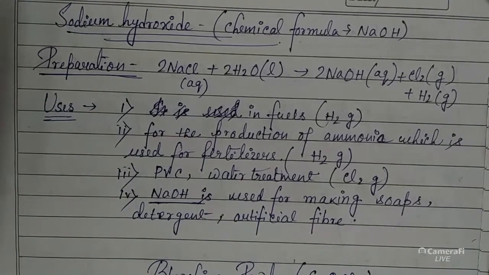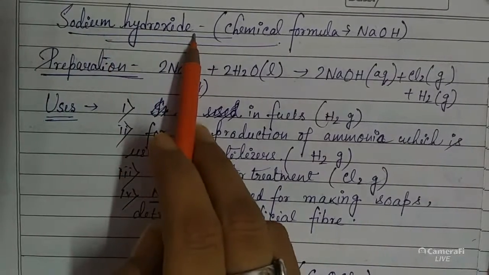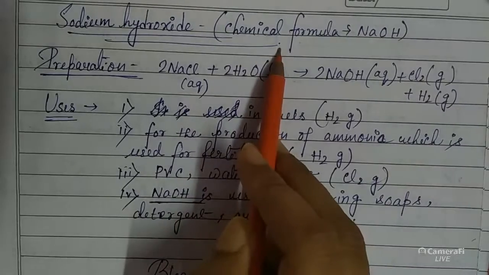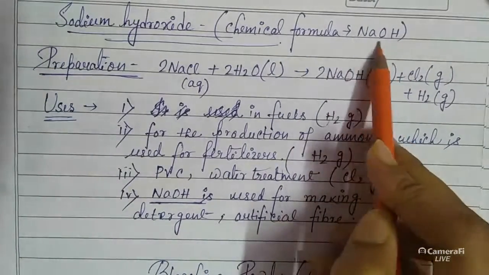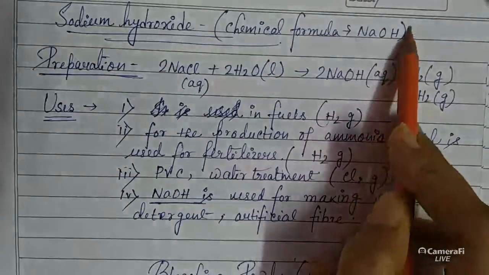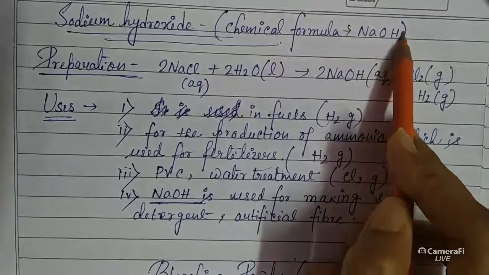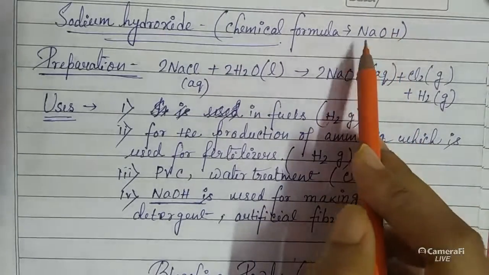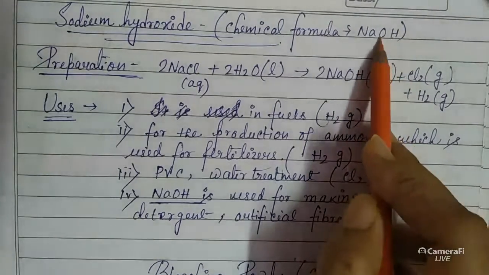The first chemical substance is sodium hydroxide. The chemical formula of sodium hydroxide is NaOH, as it contains OH minus ions in its solution. When sodium hydroxide is present in solid state, I am not saying that it contains OH minus ions.